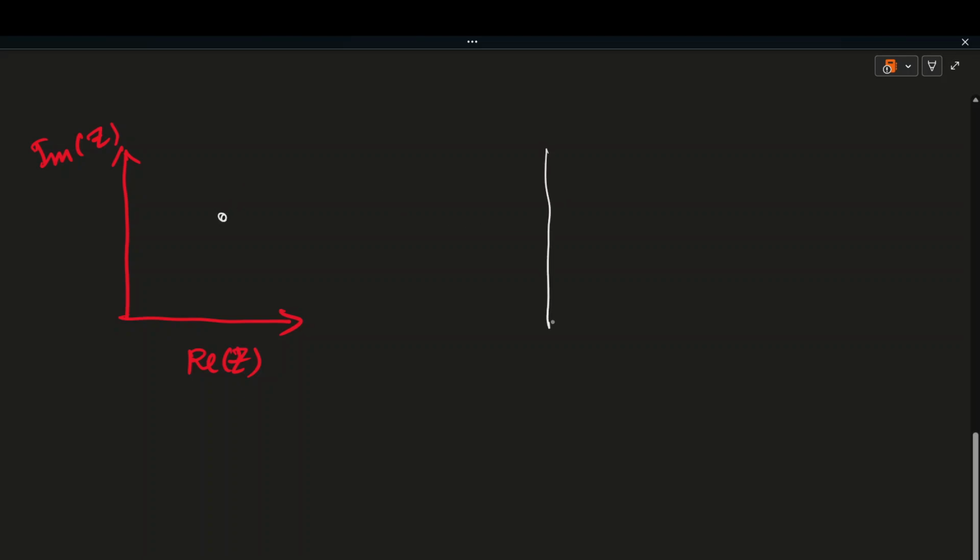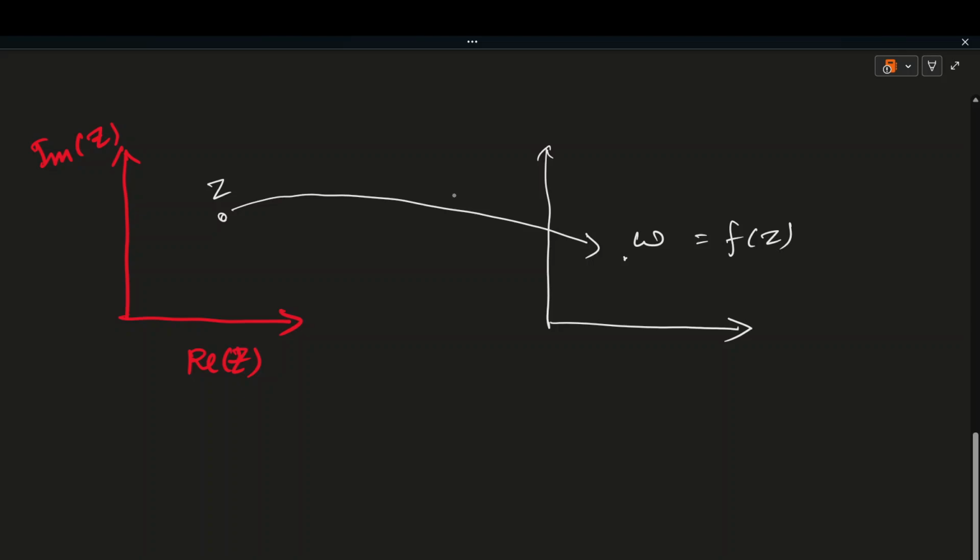Suppose this is the real part of z, and this is the imaginary part of z, and this is a complex plane, and we know that there is some system, our function, that will convert this z to this omega, where omega is equal to f(z). This transformation is called mapping. Okay, we map this value to this, and this is also a complex plane.